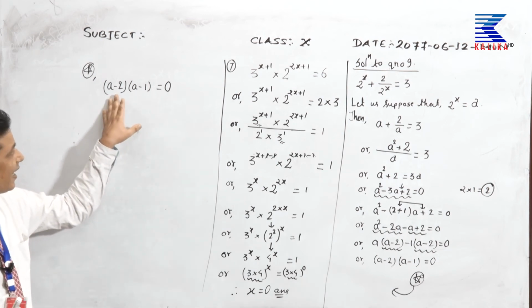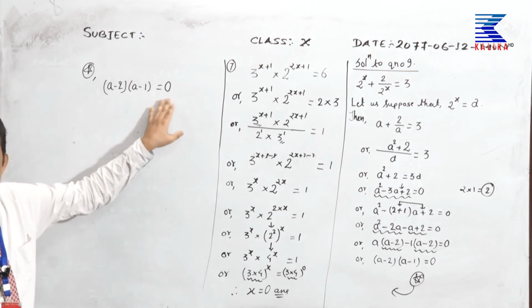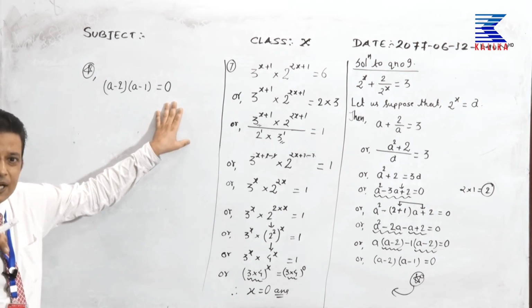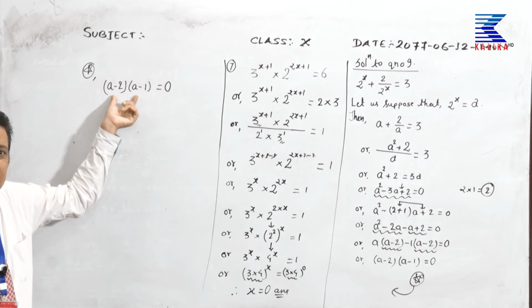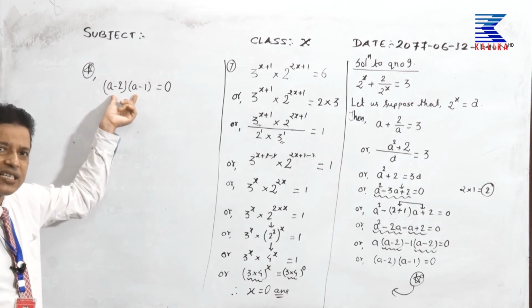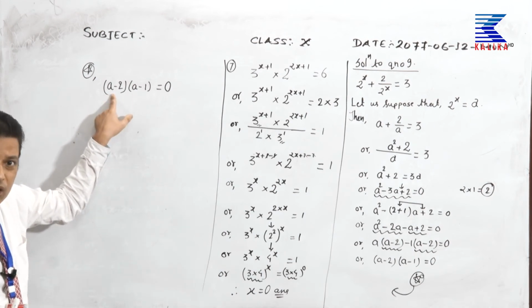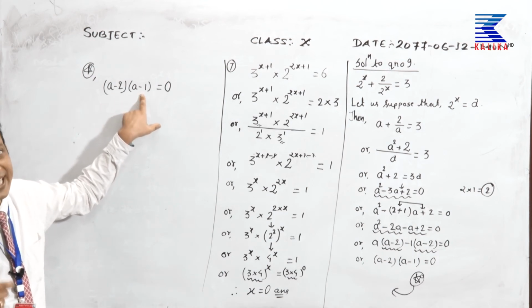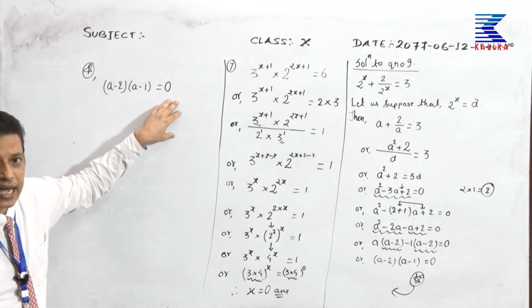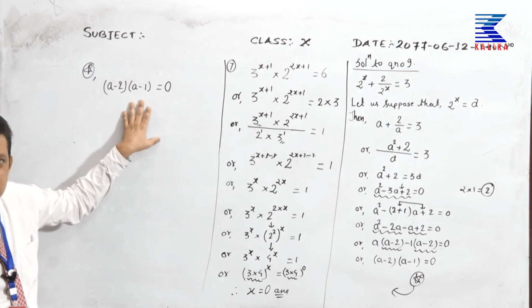We got a minus 2 times a minus 1 is equal to 0, but as I have just explained, the product of these two factors can never be 0 until either a minus 2 equals 0 or a minus 1 equals 0. To get the product 0, we should have either of these two factors 0.